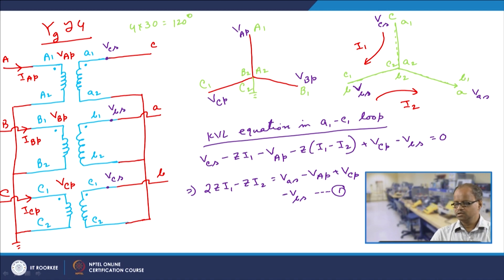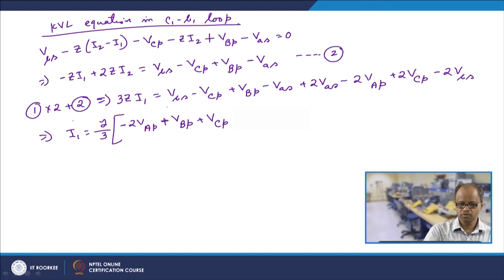So this is VCS. So then here also it should be VCS. There was a mistake. So it should be VCS: VCS minus VAP plus VCP minus VBS. So we are doing 1 into 2, so it is with 2 VCS.